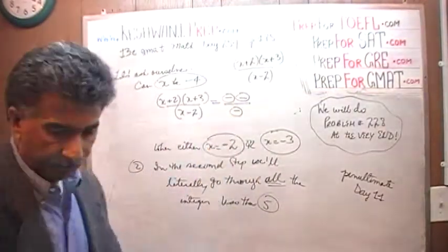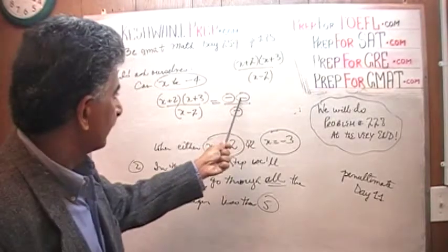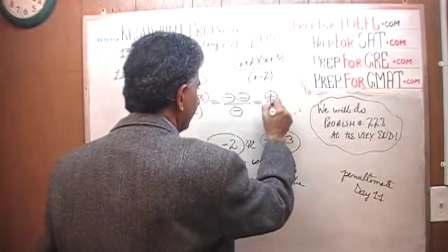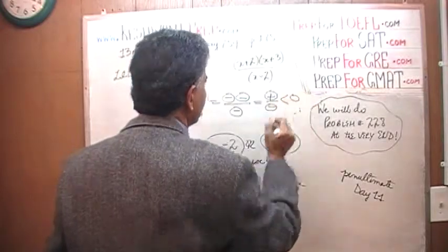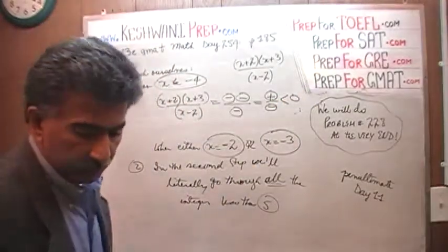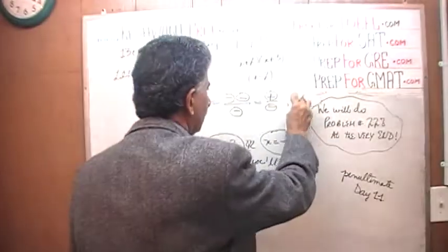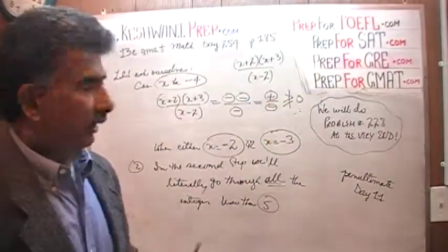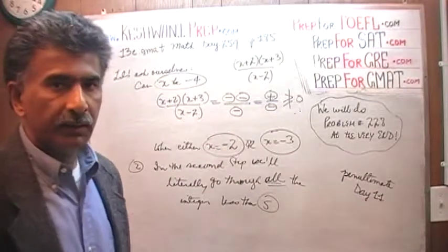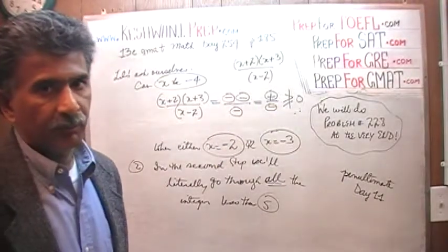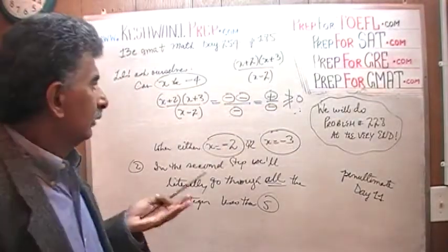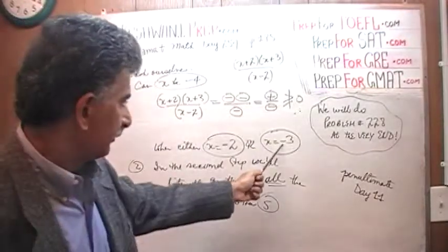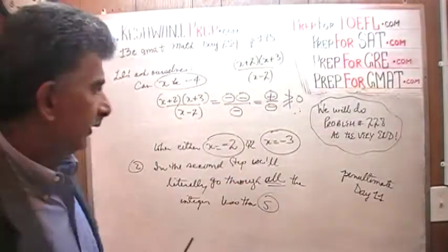On the top, we have a negative times negative, which is positive. On the bottom, we have negative. The whole thing is going to be less than 0, which is not allowed. We are told this has to be greater than or equal to 0. A positive quantity divided by a negative quantity is not greater than or equal to 0. So we ruled out anything that is less than negative 4. We already have negative 3, we already have negative 2. Let's look at negative 1.